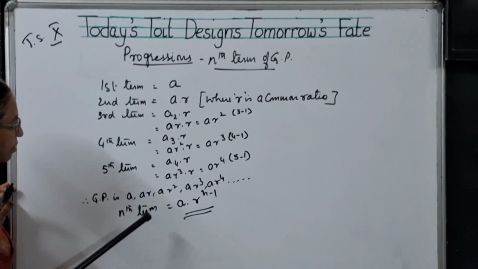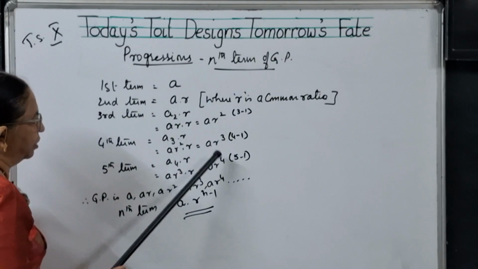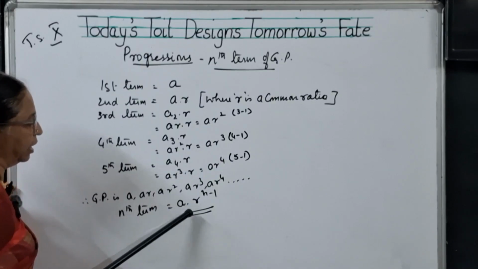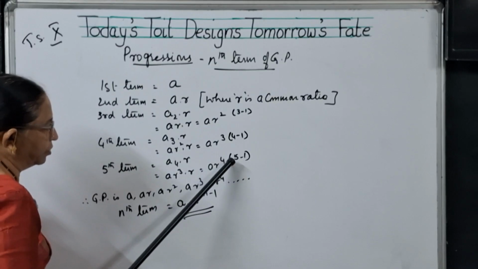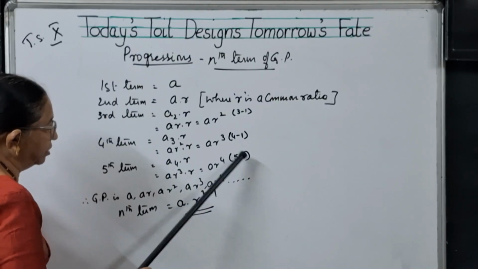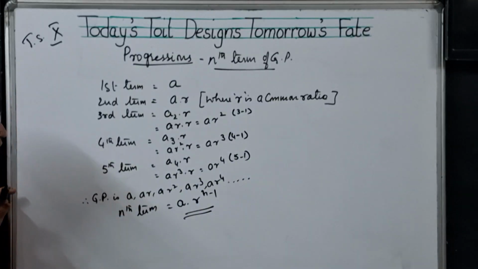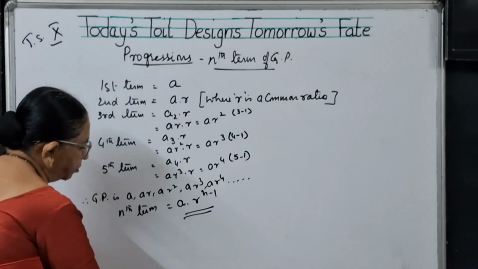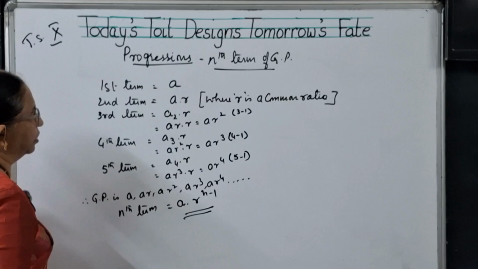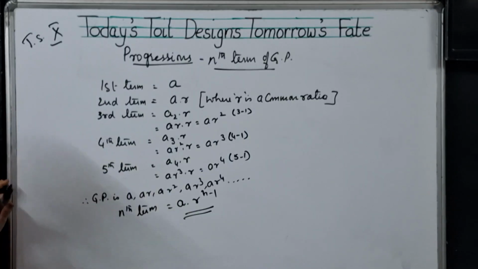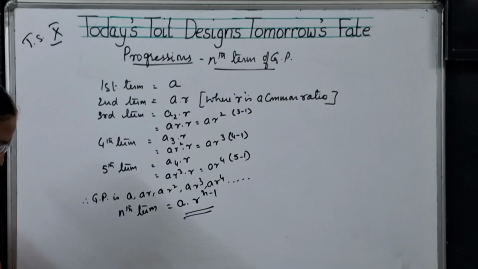So if you want to find the nth term, the same procedure we have to follow. That is A, we will be writing R to the power of, 5 means 5 minus 1, 4 means 4 minus 1, so n means n minus 1. So A into R to the power of n minus 1 is the formula you have to use to find the nth term of a GP. Please note it down, children. We'll go to the next part.